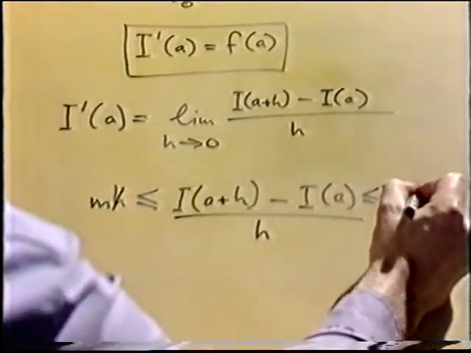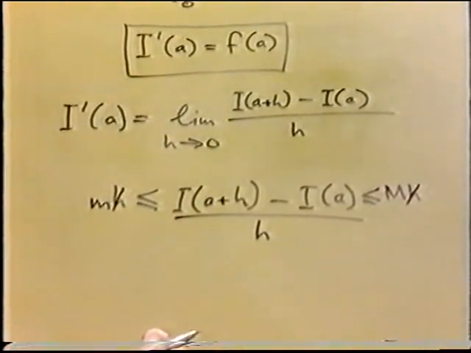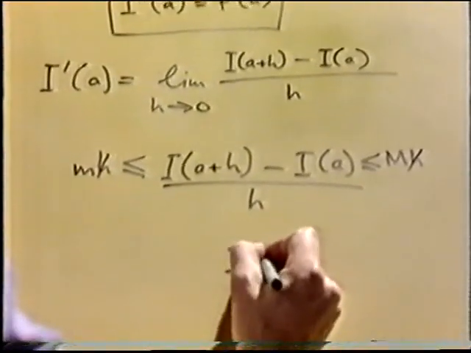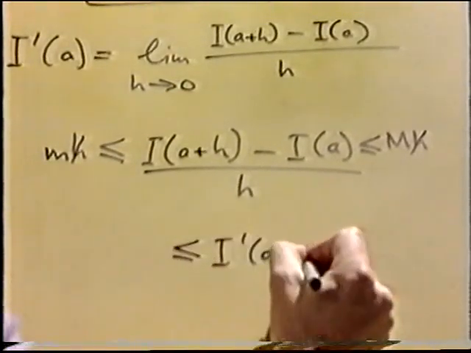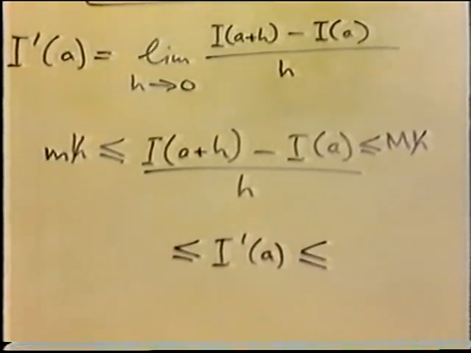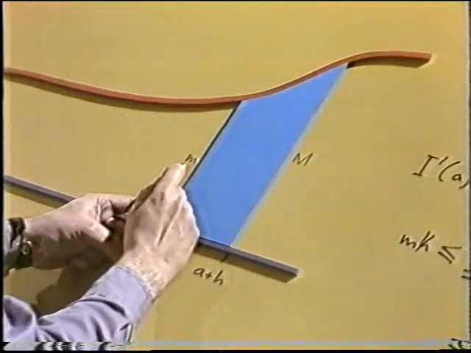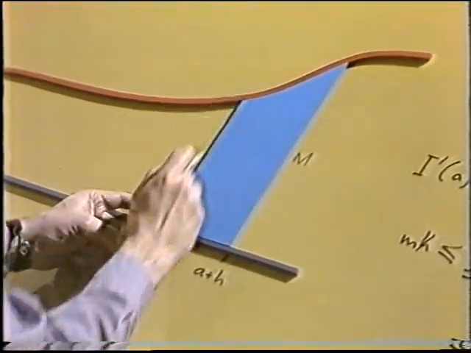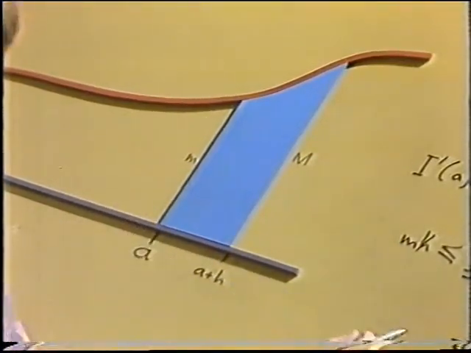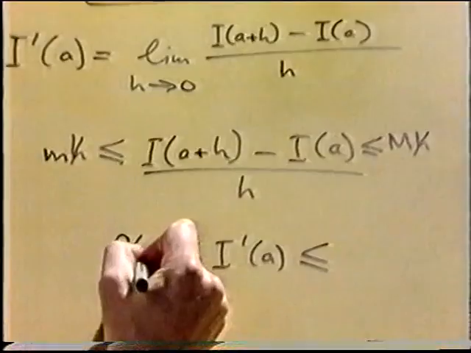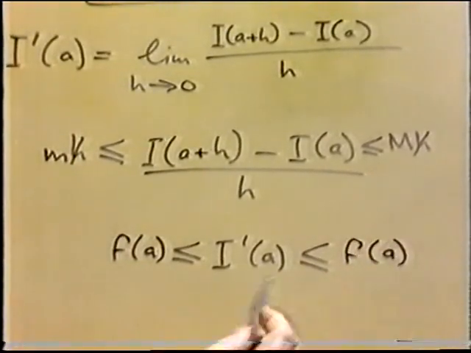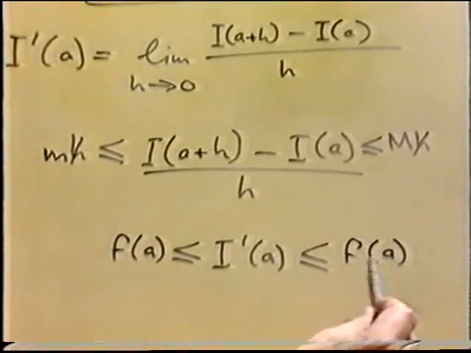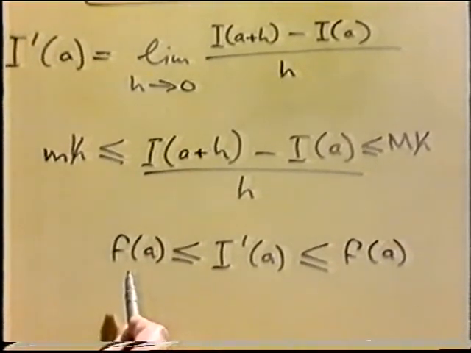And now all we have to do is take the limit. The limit of this middle bit is I prime of a. What about the other terms? Well, as little h tends to 0, both little m and big M tend towards f of a. So I can write f of a for the limit of both of them. So now I prime of a is sandwiched between f of a and f of a.